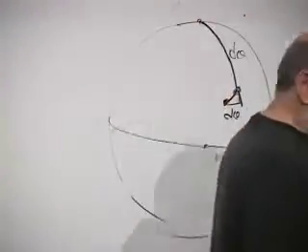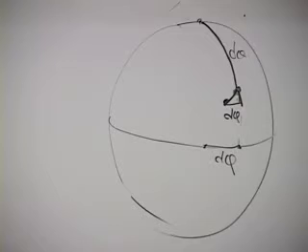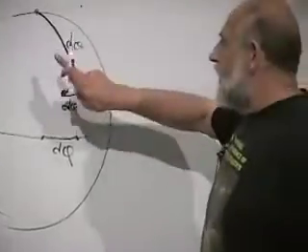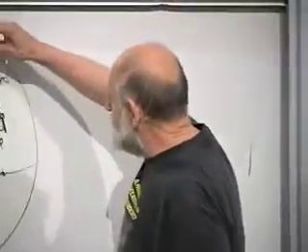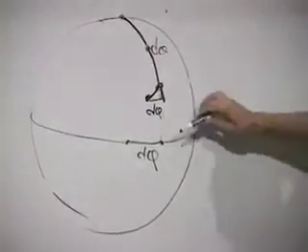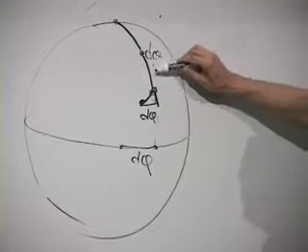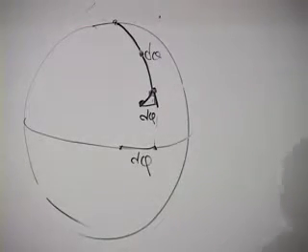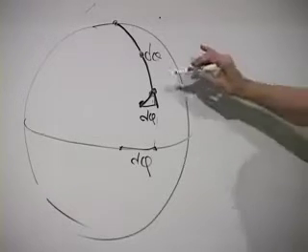If I tell you to walk along a line of constant longitude, a certain number of degrees or a certain number of radians, then the distance that you walk is absolutely proportional to the number of radians.